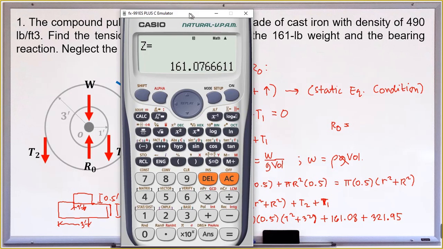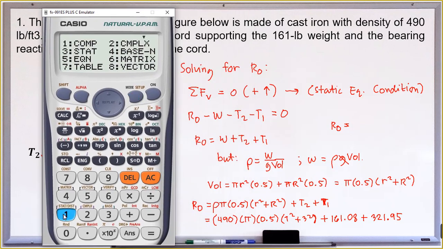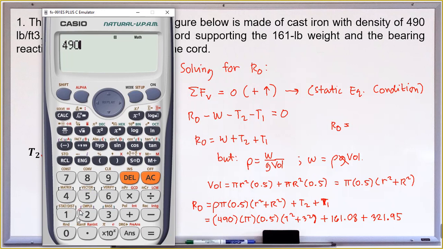So let's go back to the computation mode: 490 times pi times the height 0.5 times 1 squared, which is still 1, plus 3 squared, plus 161.08 plus 321.95.